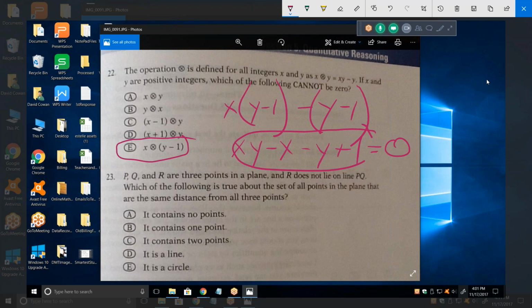I can't either. In other words, if x were 1 and y were 1, then you would have 1 minus 1 minus 1 plus 1, that is 0. That's not helpful.